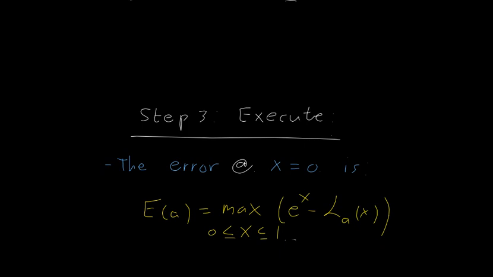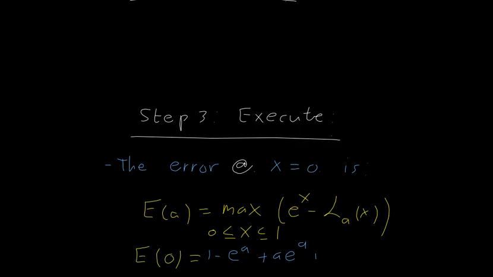Now, I'm going to do this fast, and you can verify in your spare time, if you're interested. The error at 0 is going to be equivalent to this expression: 1 minus e to the power of a plus a times e to the a, okay? That's the error at x equals 0.